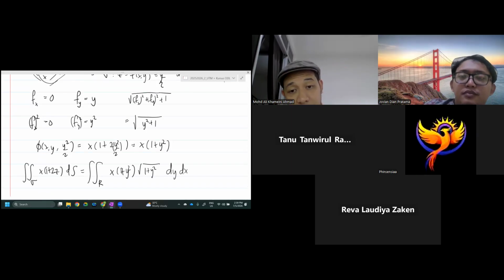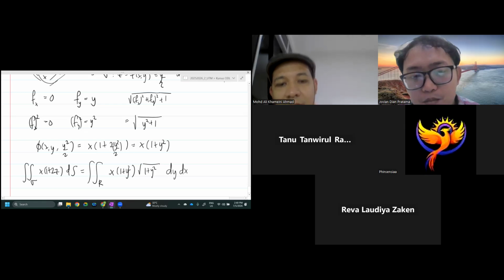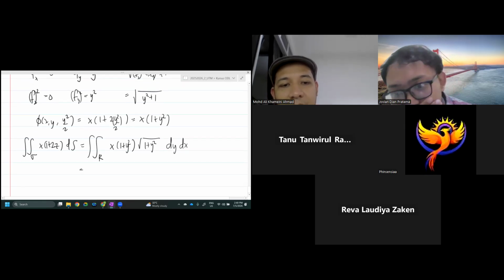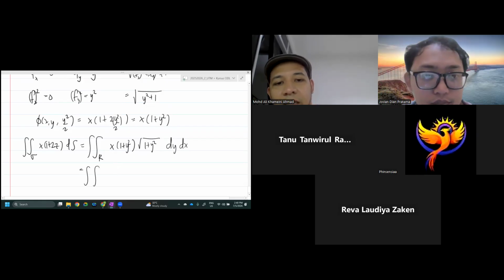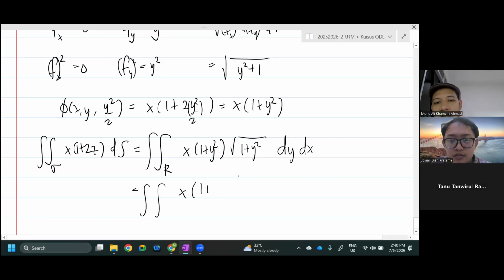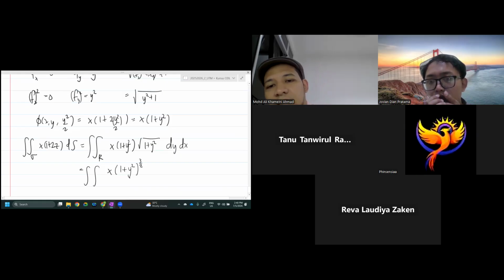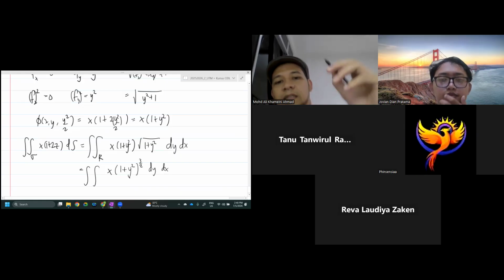Yes, you can combine the powers. This is power 1, this is power half, so you get 3 over 2: (1 plus y squared) to the power 3 over 2. That is how you can try to integrate this.